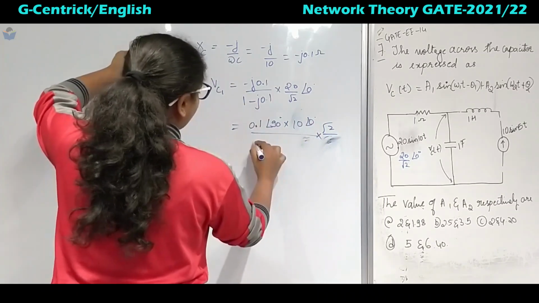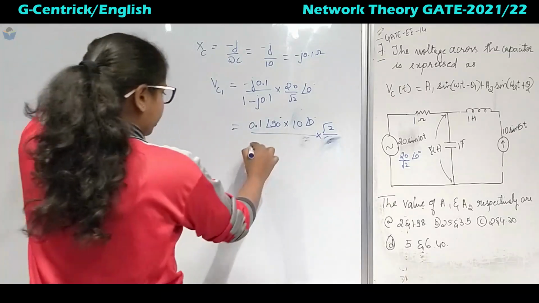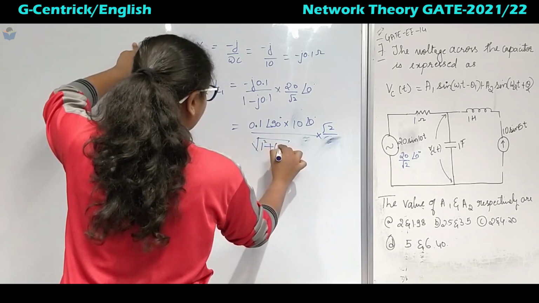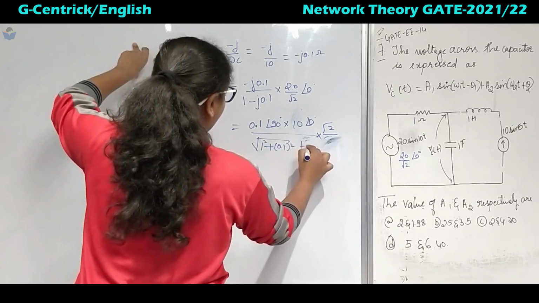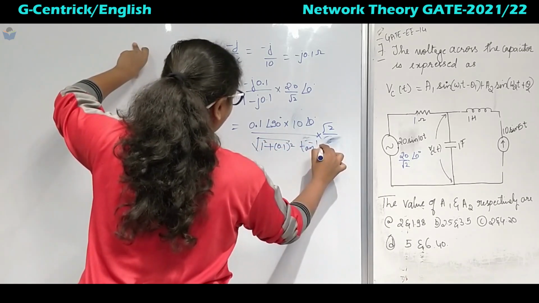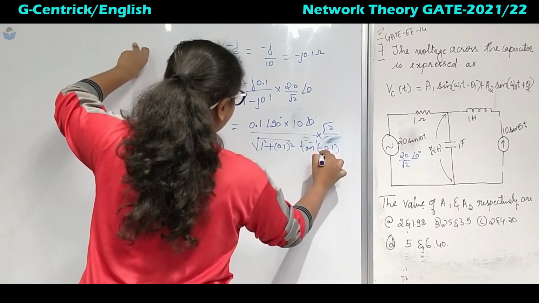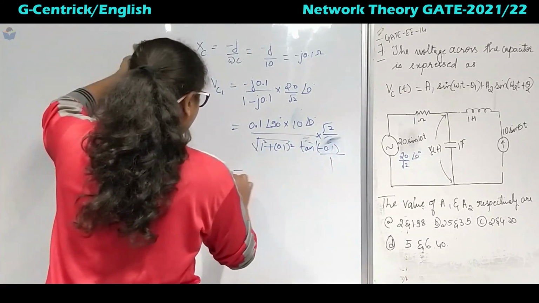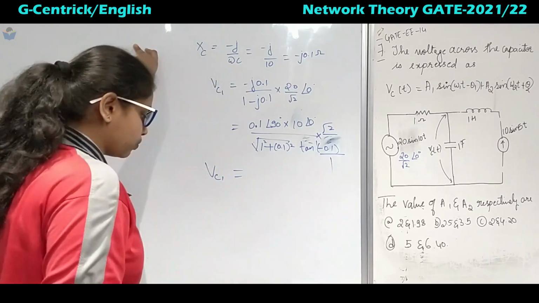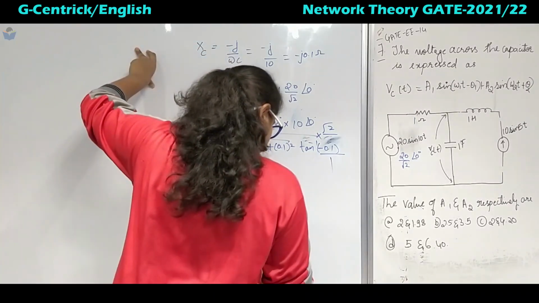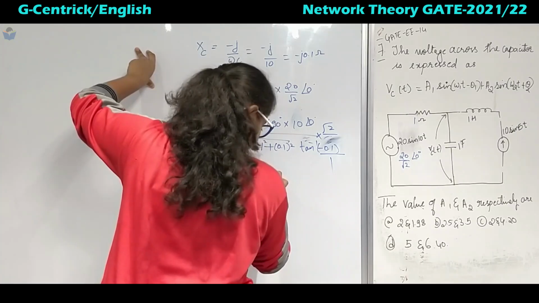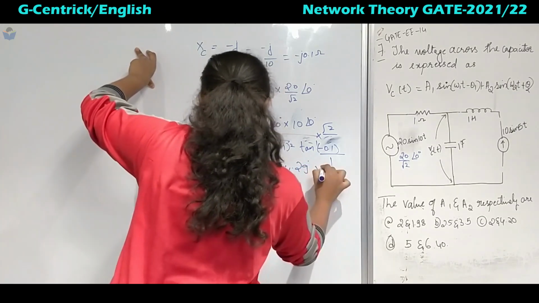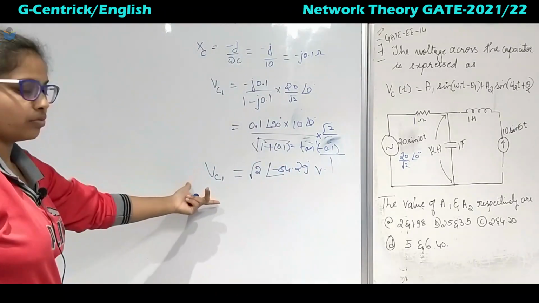Now for the denominator we calculate the square root of 1 squared plus 0.1 squared, and for the angle it is tan inverse of minus 0.1 divided by 1. So this total value Vc1 comes out to be root 2 at angle minus 84.29 degrees volts. This is in phasor.